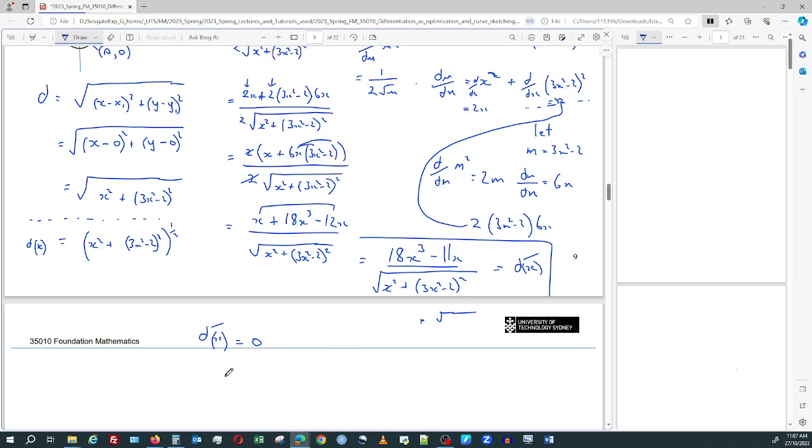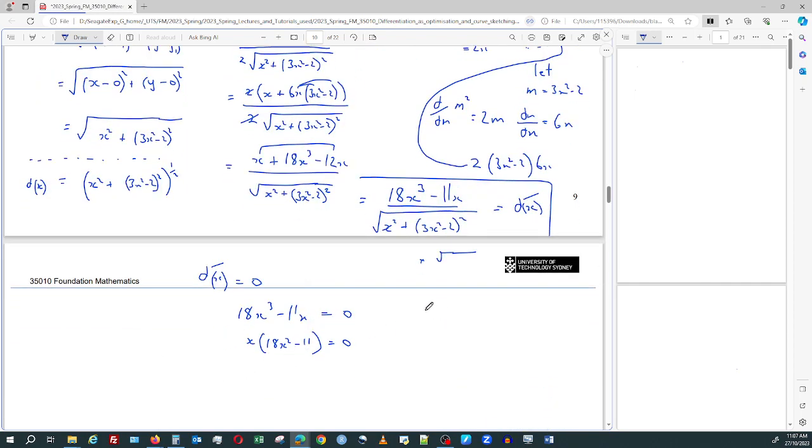So all we're checking then is 18x cubed minus 11x equals 0, which will factor this way as x times 18x squared minus 11 equals 0. So we know we have to take some care now.